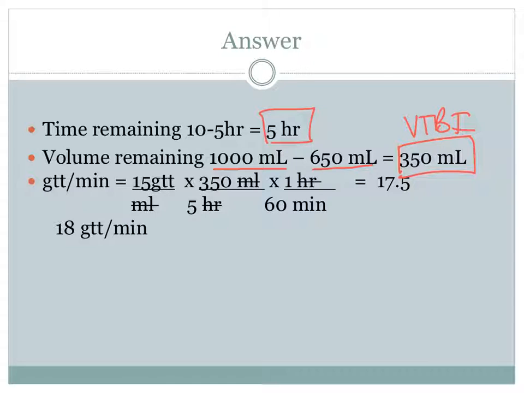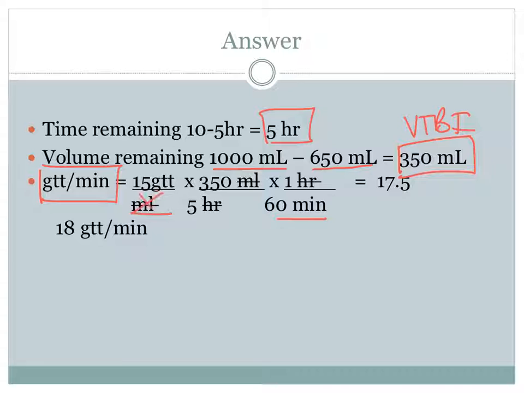Okay, so again, going back to what we've learned already, we want our drops per minute, and we know that we have a drop factor of 15 drops per mL. We multiply that by the volume to be infused, which is 350 milliliters, over 5 hours, which we convert to 60 minutes.